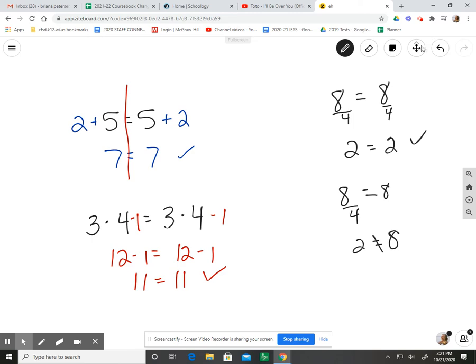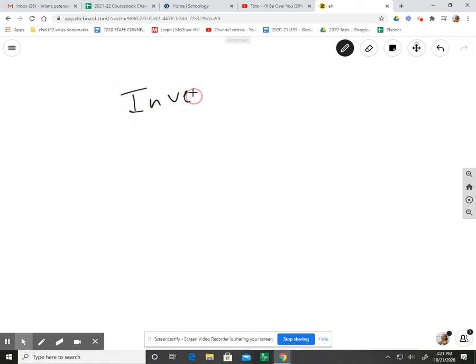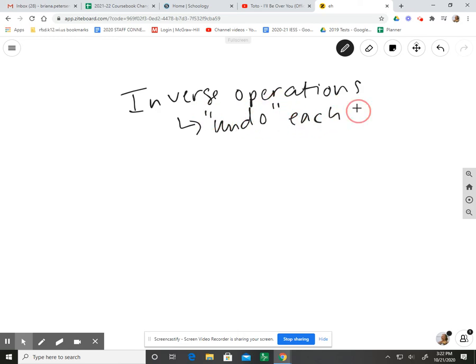So the two things that we talked about today. We talked about inverse operations. What are inverse operations? They undo each other. Our inverse operations are addition and subtraction, and multiplication and division.